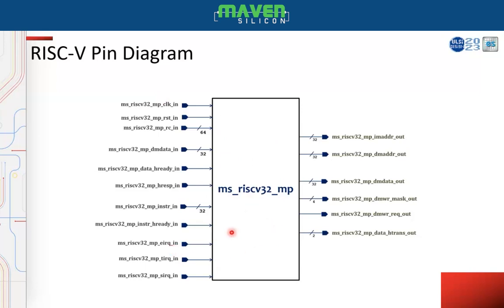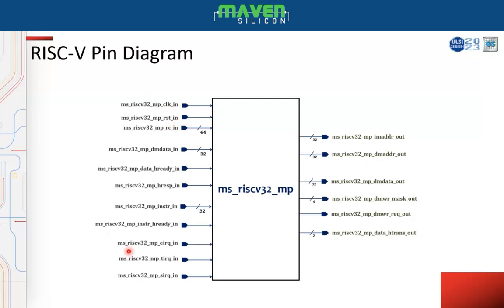So executing the instructions or fetching the instructions or writing back the results or generating the outputs like DM address output and DM data output during the execution of store instruction, everything will happen in synchronism with this clock signal.